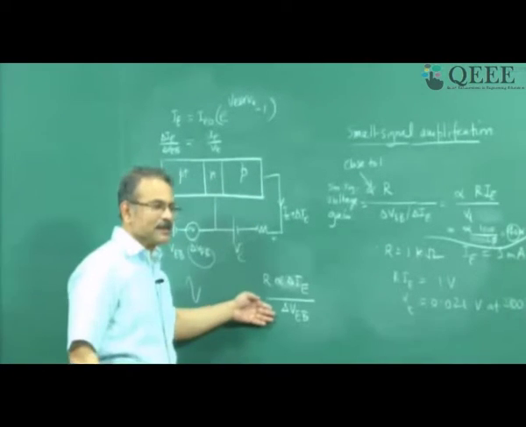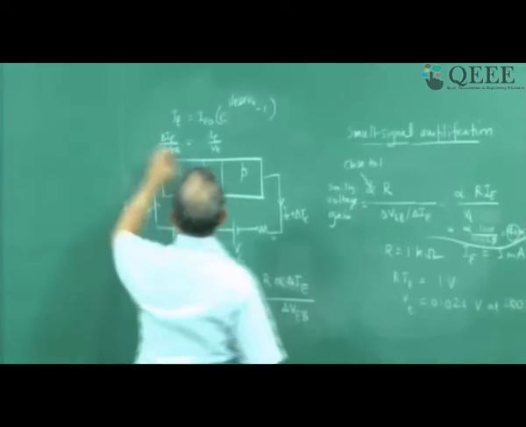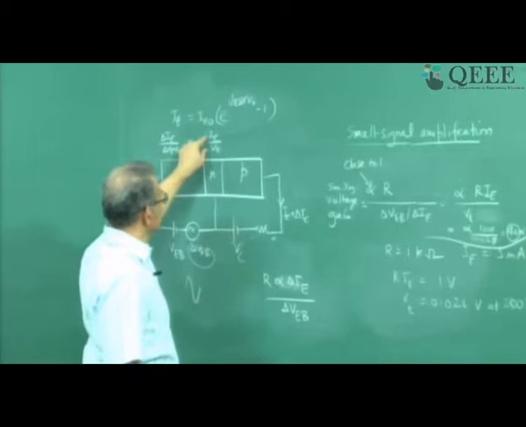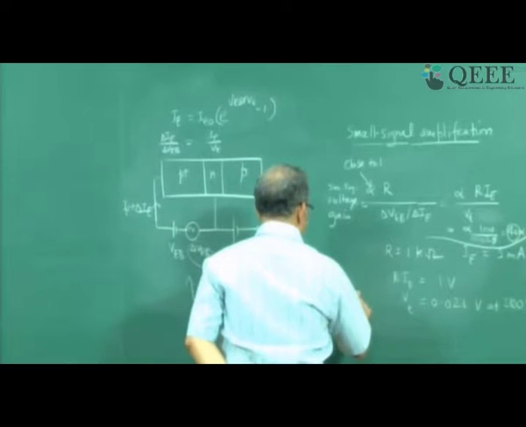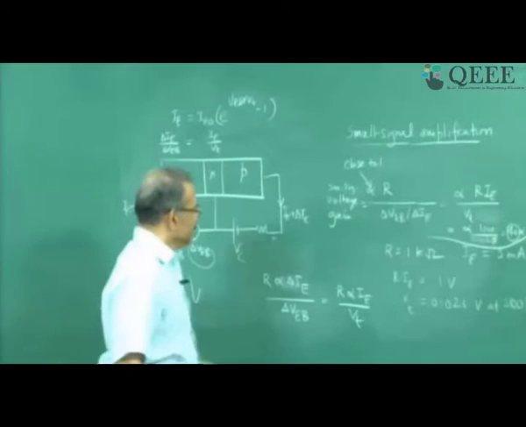But delta IE by delta VEB is IE by VT by differentiating this. So the gain is equal to R into alpha into IE by VT. This is clear?